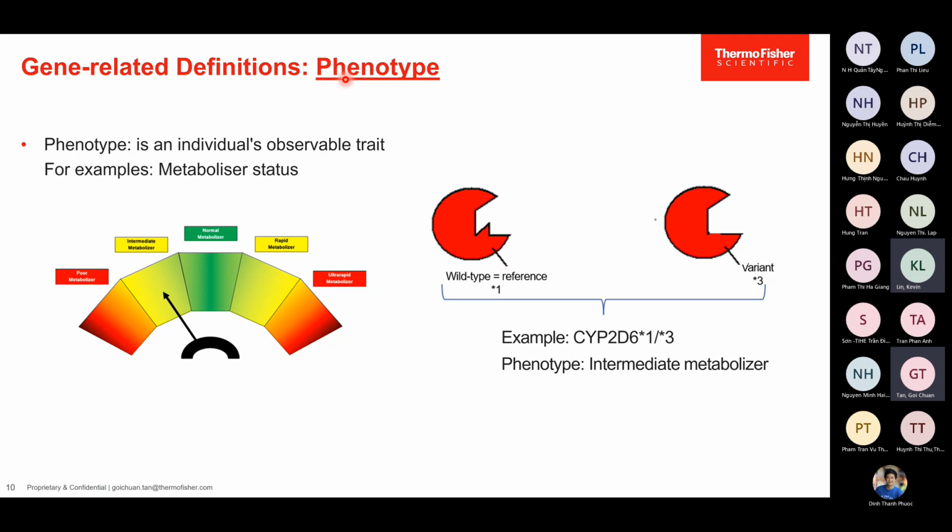So this is phenotype. There are a few phenotypes in PGx: normal metabolizer, intermediate, and poor. Poor usually means both of the alleles, both chromosomes that you inherited for that gene, do not function at all. Then you also have rapid metabolizer and ultra rapid metabolizer.